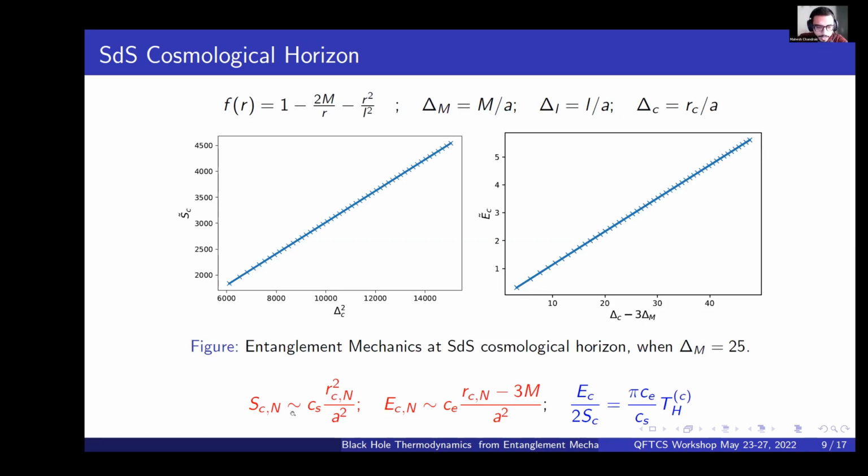We see that the entanglement entropy follows an area law. Entanglement energy follows a scaling relation as R_C minus 3m, where R_C is where the cosmological horizon is. And when we calculate E by 2S, we see that this is again proportional to the Hawking temperature.